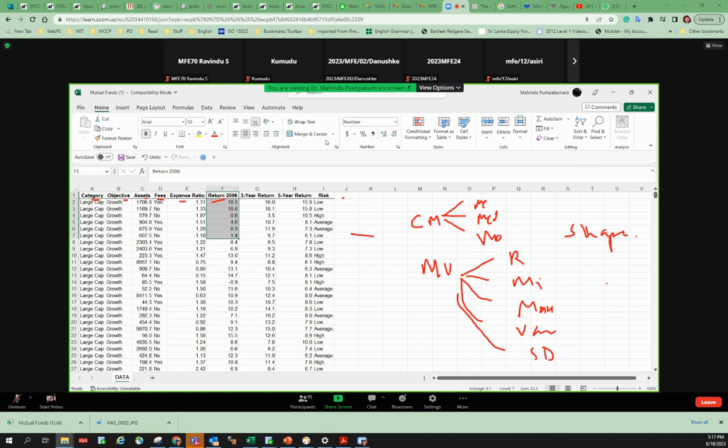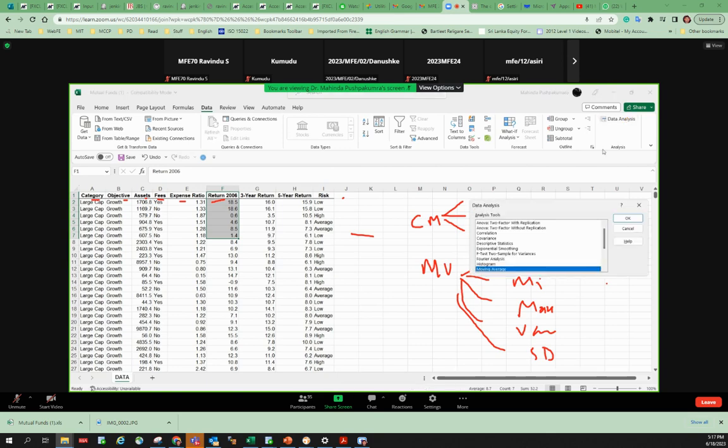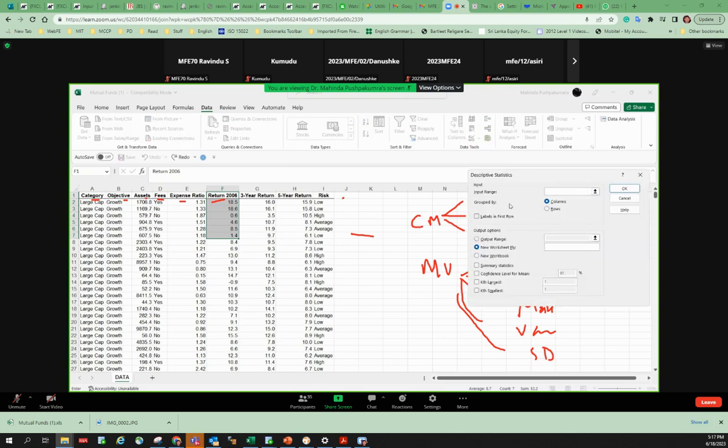It is very simple. This is the way: you click on data, data analysis, and descriptive statistics. Then select the data set, the variable you want to analyze.